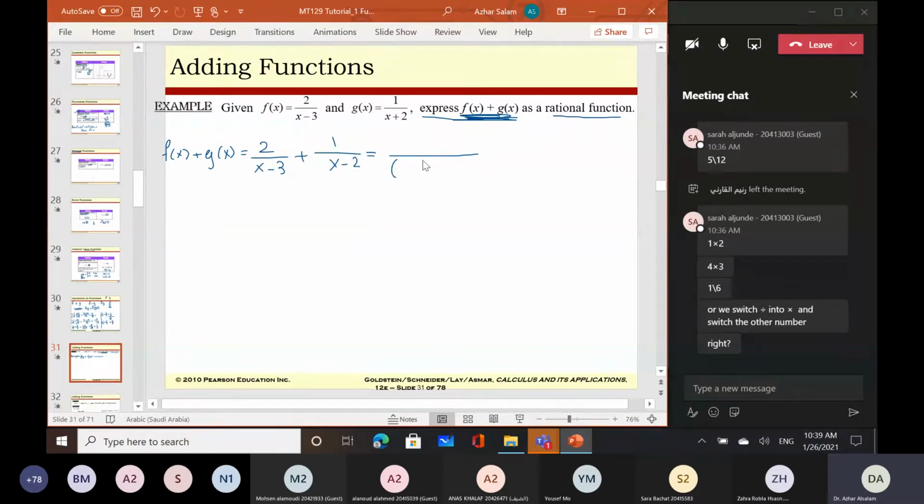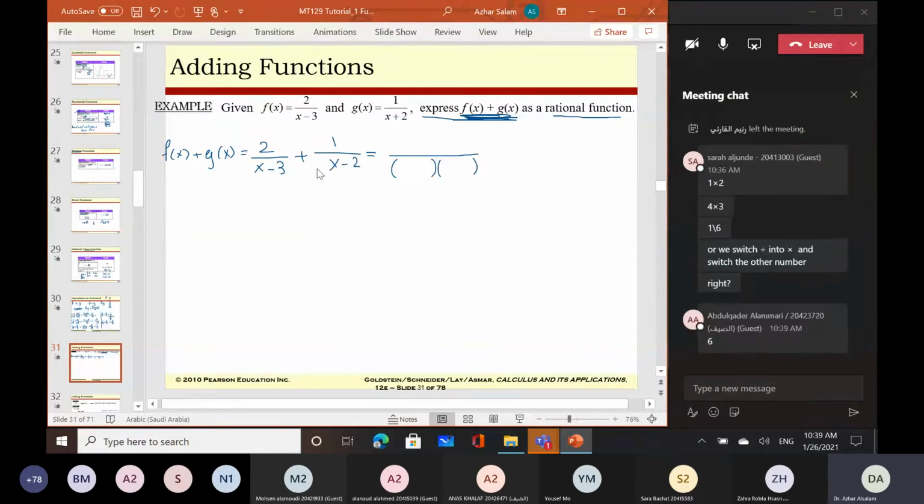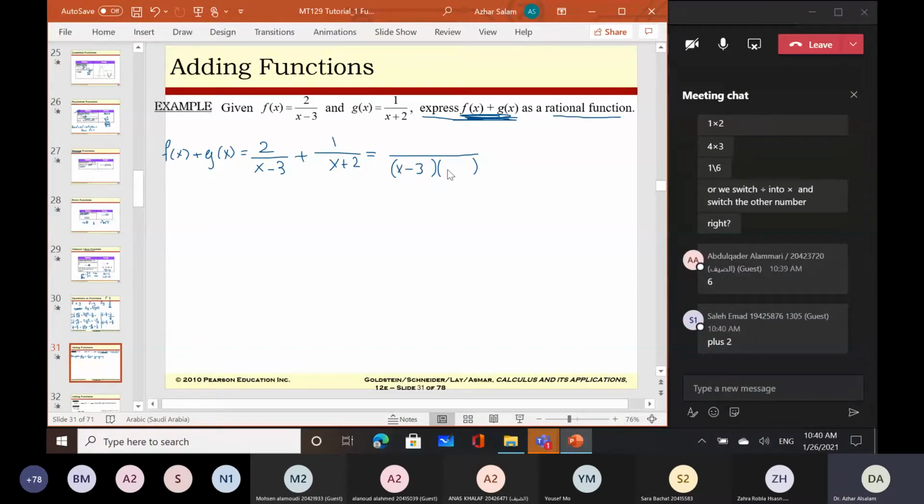Of course, I will multiply the two denominators together. Here I have x minus 3 multiplied by x plus 2, like that.